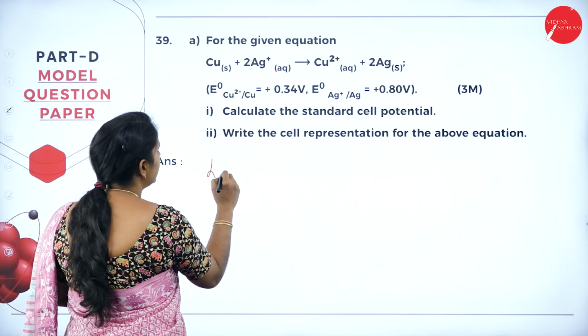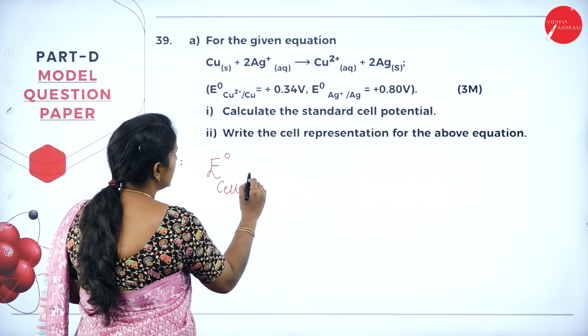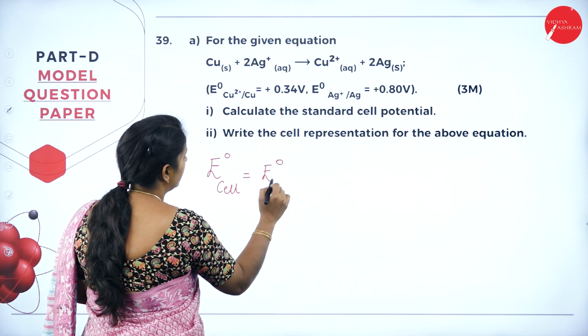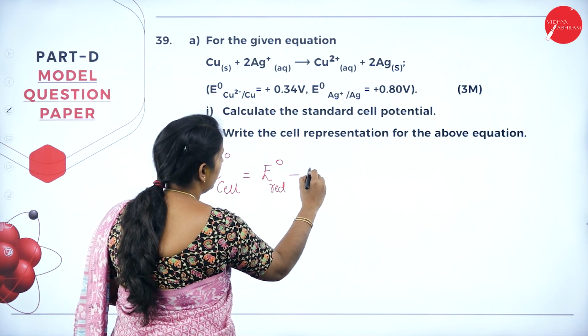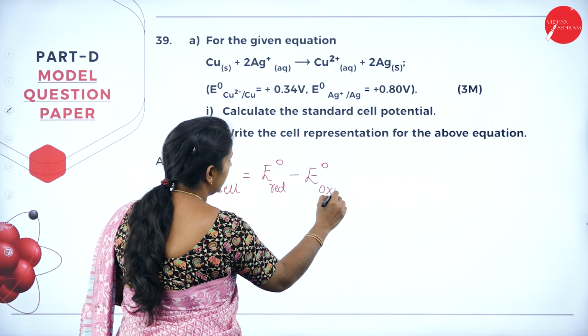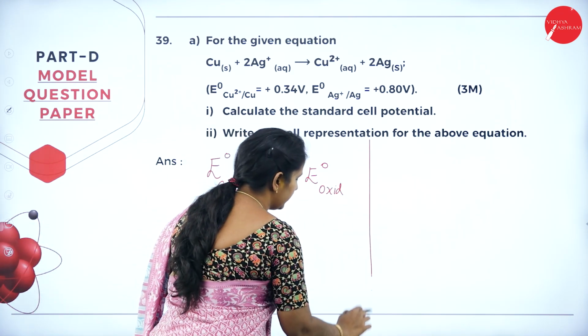We know that standard cell potential is given by the formula E naught of the cell is equal to E naught of the reduction minus E naught of the oxidation. So in the given equation, I'll write down that equation once again.